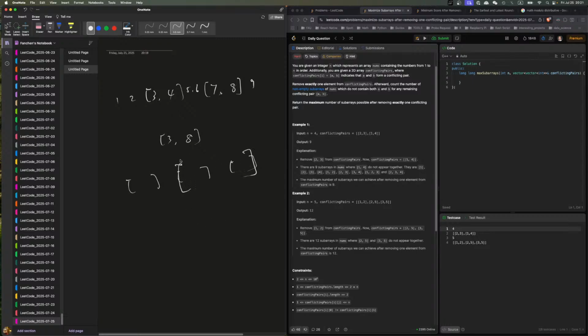Everything that contains this will contain both, so we don't count them twice. And now we have essentially the total number of subarrays that contain these two, which is bounded by this.